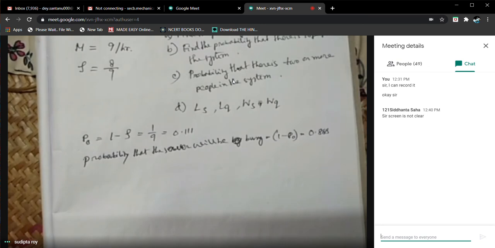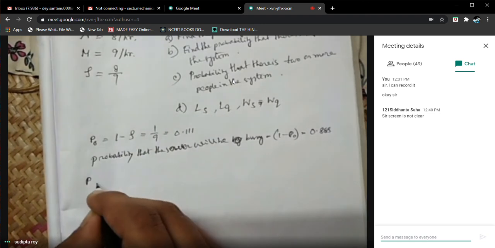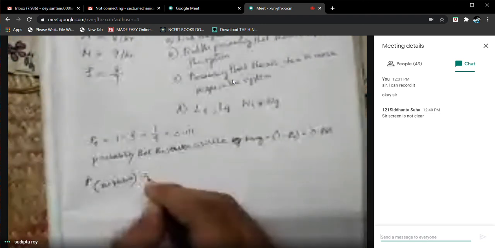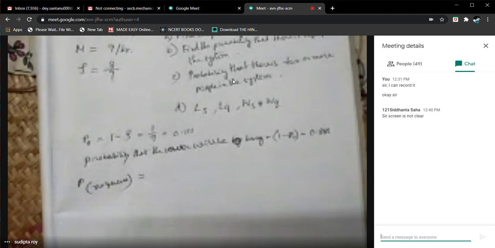Now the problem said find the probability that there is no queue. How can we achieve that?